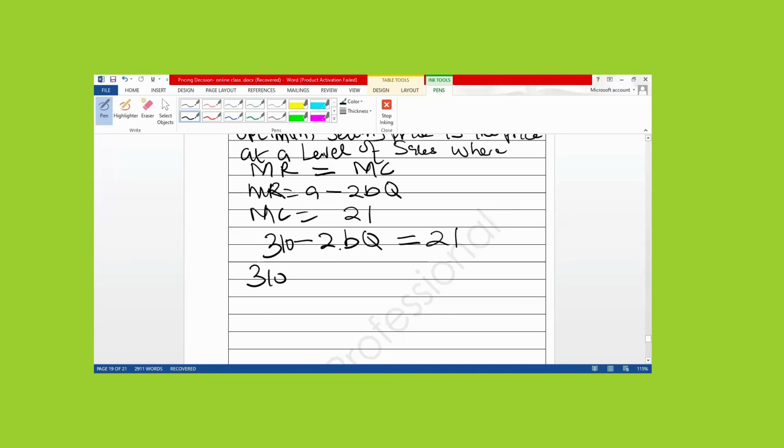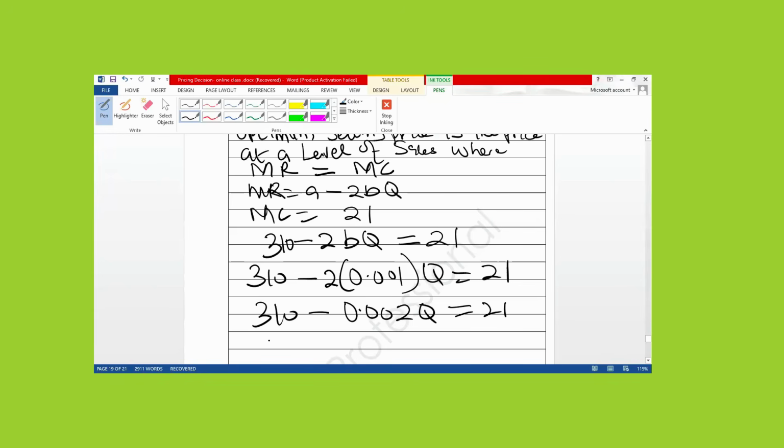The sign here, they have imparted that minus on B. So this is equal to 2 bracket 0.001 Q equal to 21. That minus has been taken care of because it's supposed to be plus before, it has changed. 310 minus 0.002Q is equal to 21. What is Q?